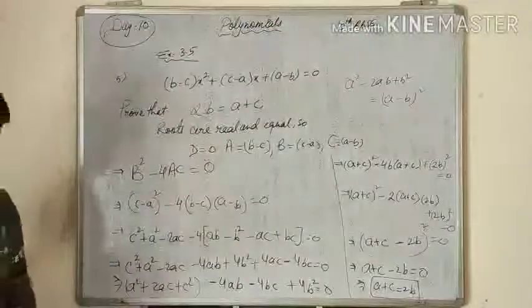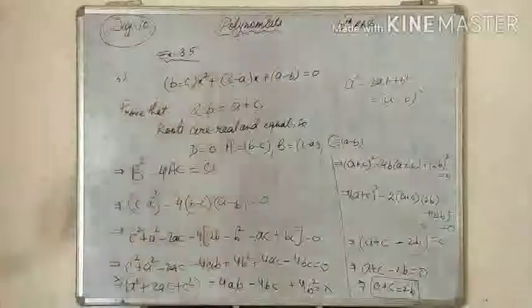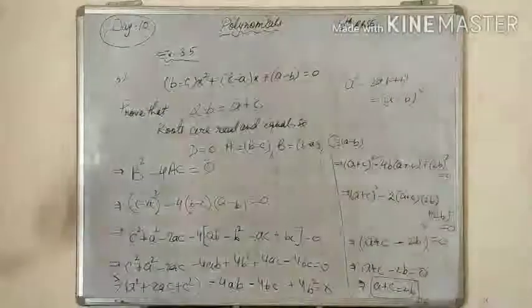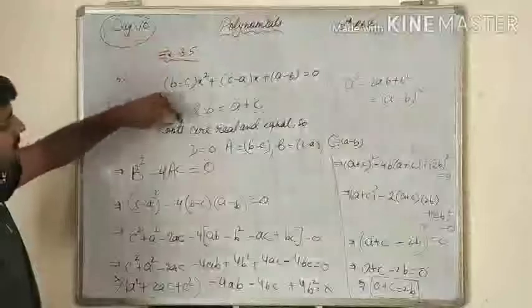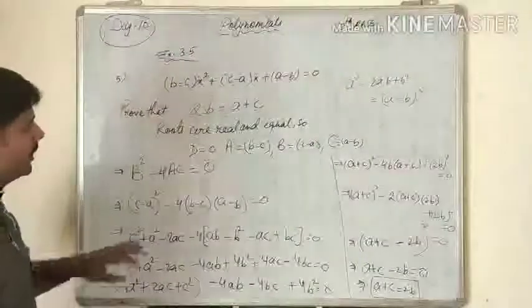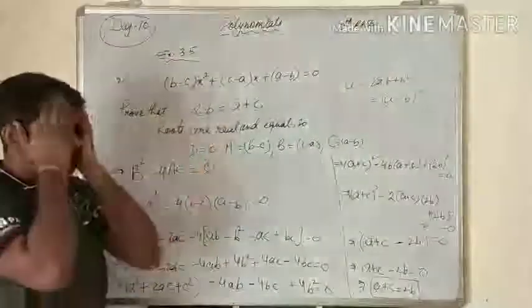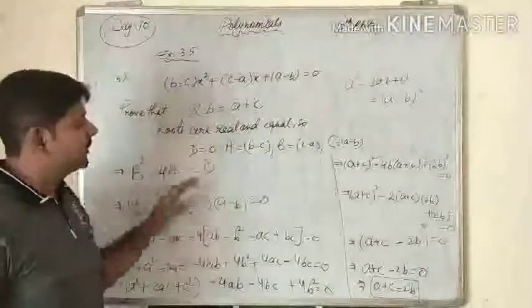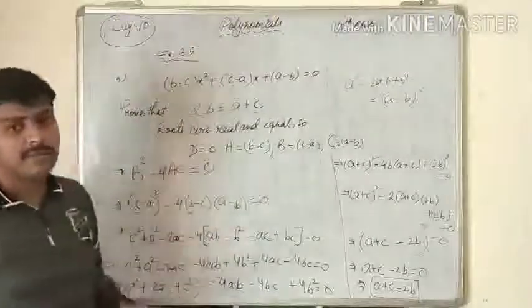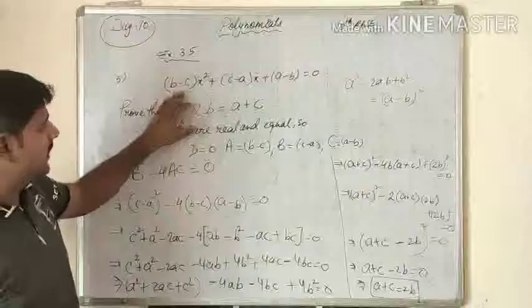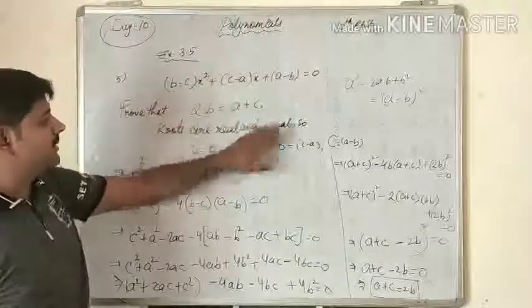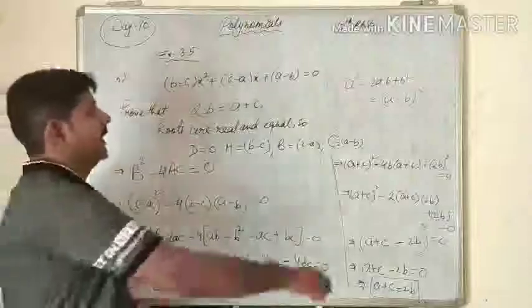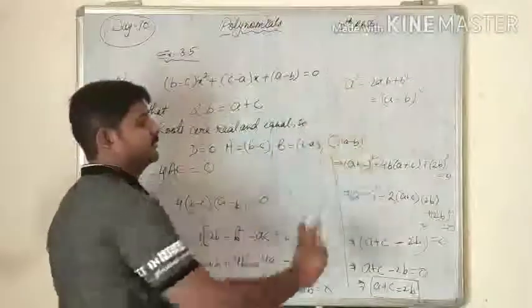I'll repeat this question. In this question, we had this equation, and we had this also, roots are real and equal. So we have to prove 2b equals to a plus c. So in this situation, discriminant is always 0. If we observe A, so A is b minus c, B is c minus a, and C is a minus b.